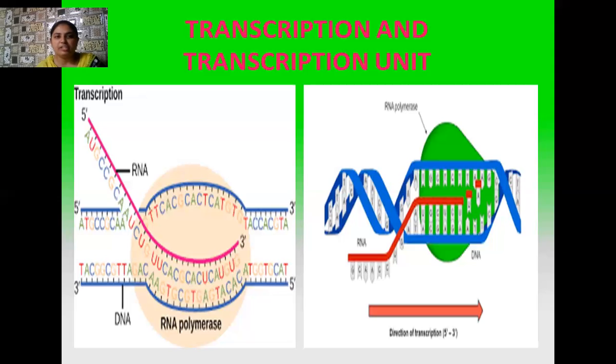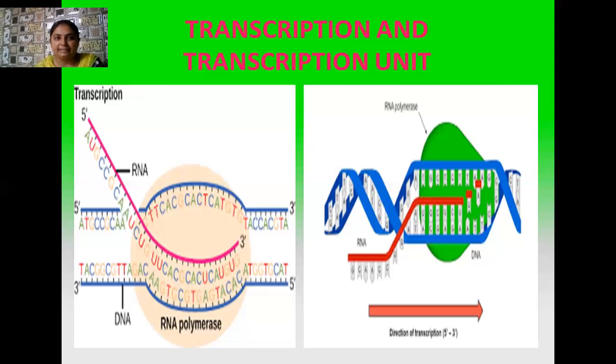Students, one question generally comes to our mind: why do both strands of DNA not act as template? The answer is, if both strands of DNA acted as template, then two RNA strands would be formed with bases complementary to each other. These complementary RNAs would join together and form double-stranded RNA, so they could no longer participate in the process of translation.